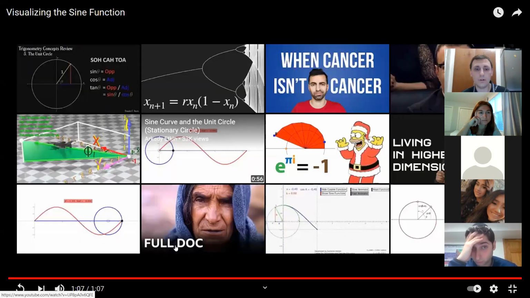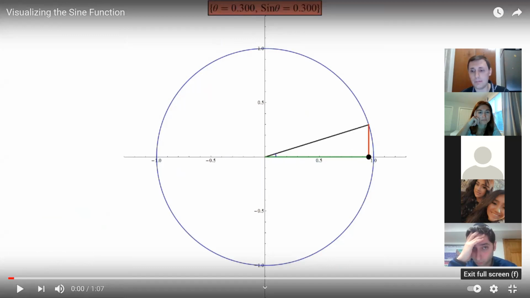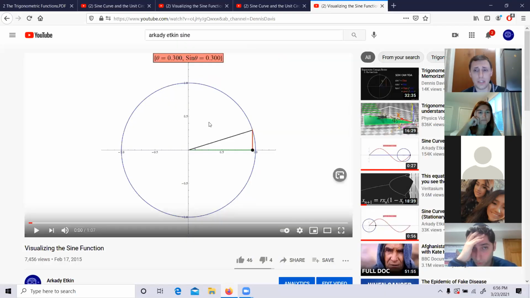All right, so quickly, what's happening here, guys? Let's make it a smaller screen. So here you can see theta is equal to 0.3. Where do I see that theta, guys? What is 0.3?